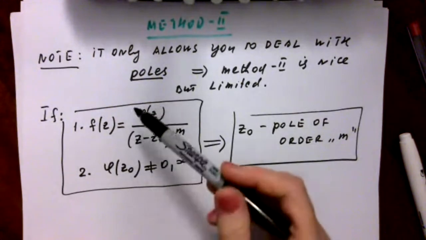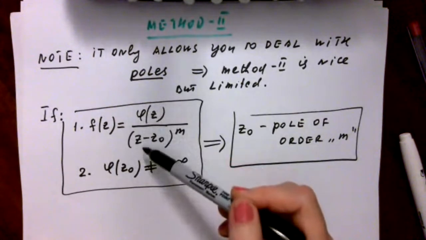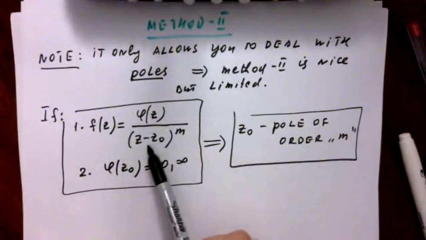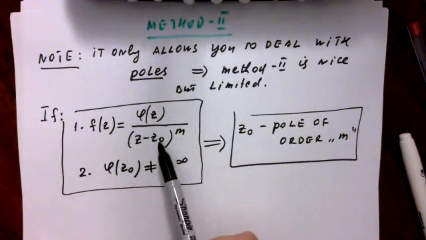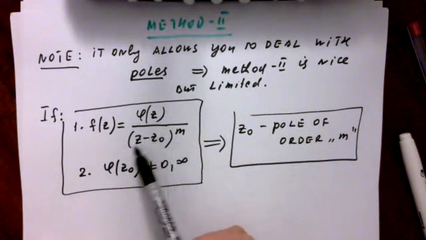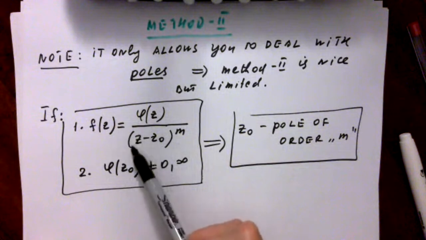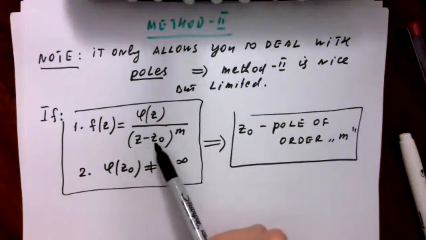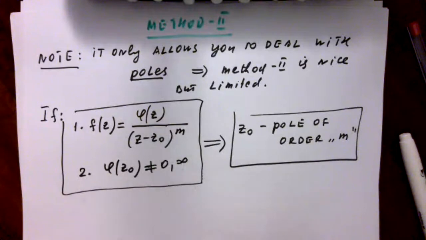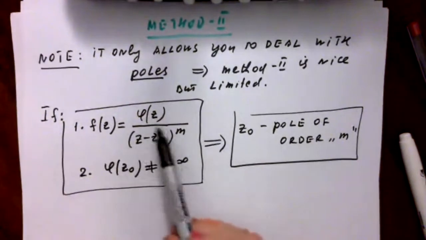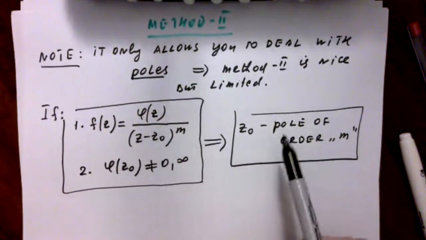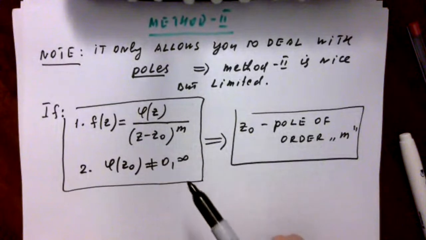In the first place, it should look like a fraction. Looking at this fraction, you immediately realize that z0 is the singularity point, because if you substitute z0 instead of z here, you will get division by 0, which is not allowed, and which means that z0 is the singularity point.